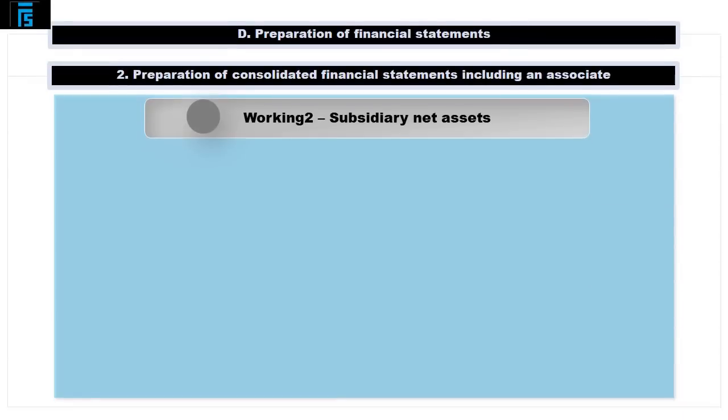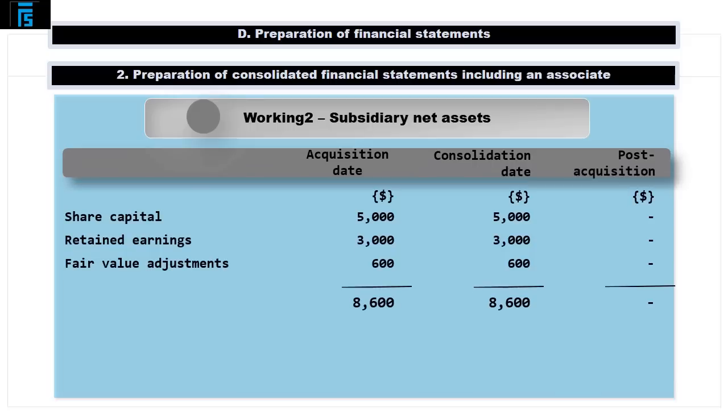The second working is subsidiary net assets, and as always we need the standard 3 columns: acquisition date, consolidation date, and post-acquisition. Now on the left-hand side we have 3 rows, the first for share capital, the second for retained earnings, and the third for fair value adjustments relating to S's other assets.